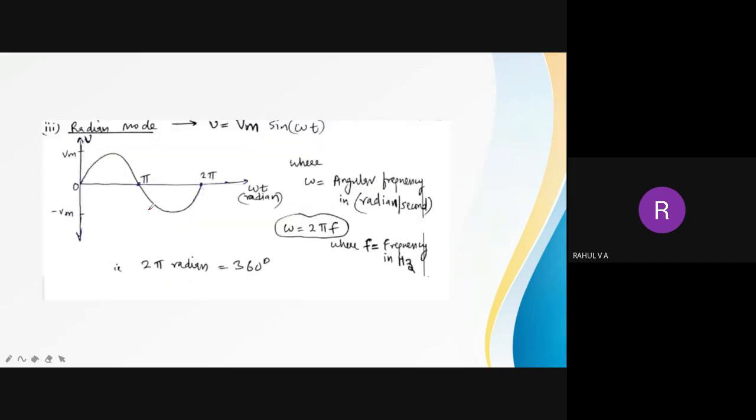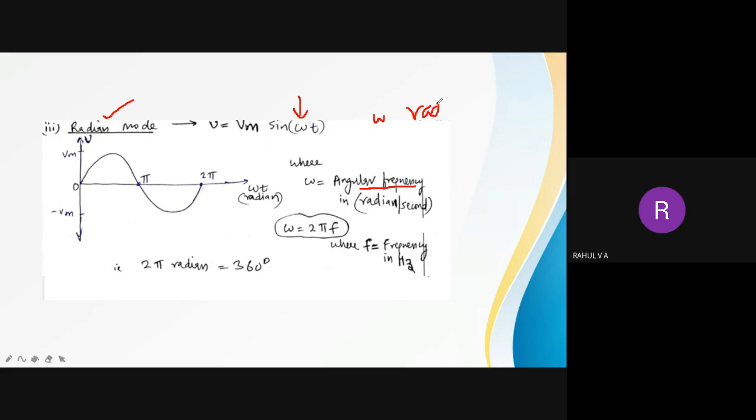Okay, and the sine wave can also be represented in radian mode, where we are using a term omega. Omega is actually angular frequency in radian per second. If you multiply radian per second by time, the seconds cancel each other. Time is actually in seconds, right? So omega t is in radians.